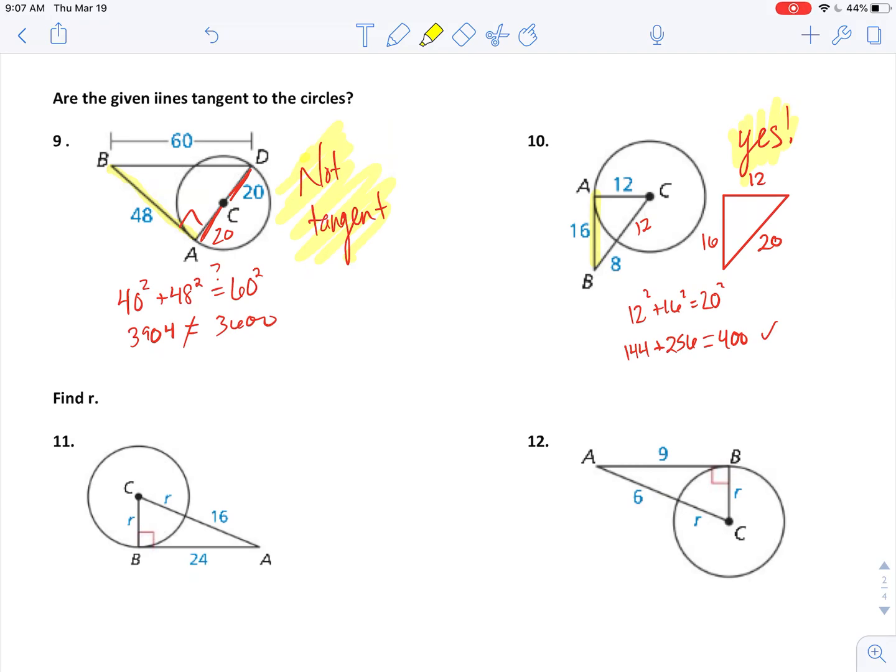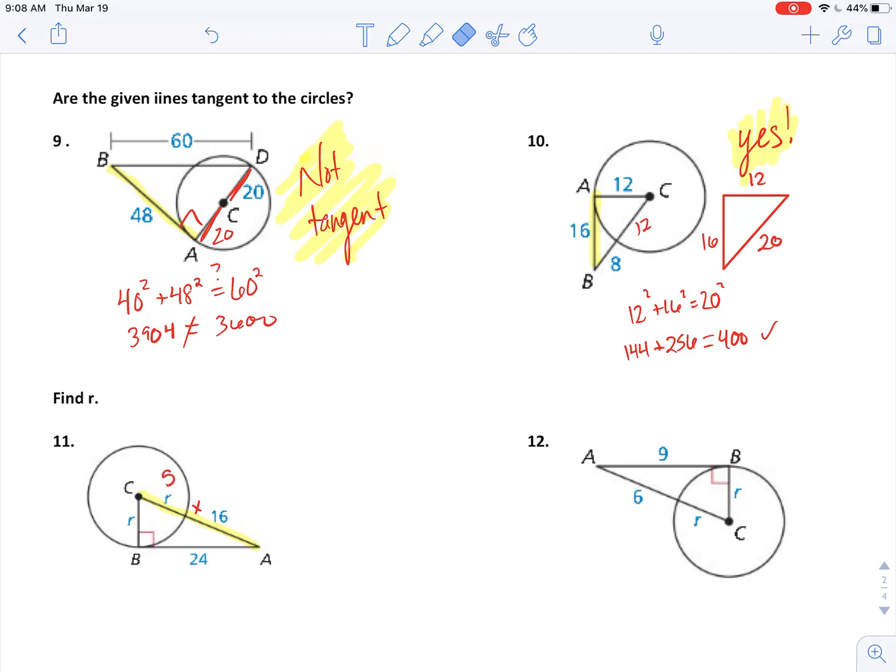Now, in a similar way as to how we solved 10, where we had to look for 12 and 8, or 12 plus 8 for my hypotenuse, we've got to think about what is my whole hypotenuse here. If R was 5, what would the whole hypotenuse be? Well, it would be 21. And how would we get that? We would just add the 5 plus 16. But for now, we don't know what R is.